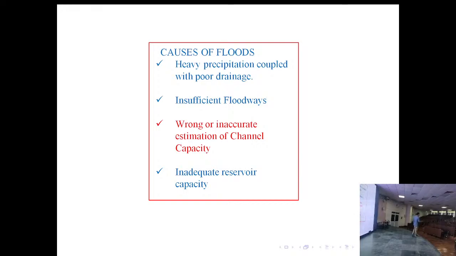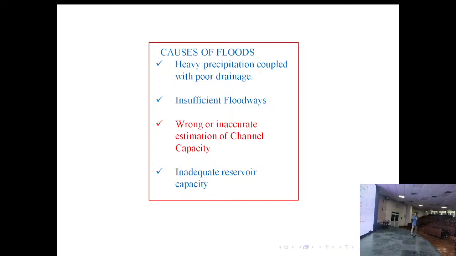Mainly we do research or modeling to correct this; the third is very important. It cannot be measured if you have the wrong or inaccurate estimation, that is, the model you are using is not accurate or you are calculating wrongly. That is where research happens and the design changes.